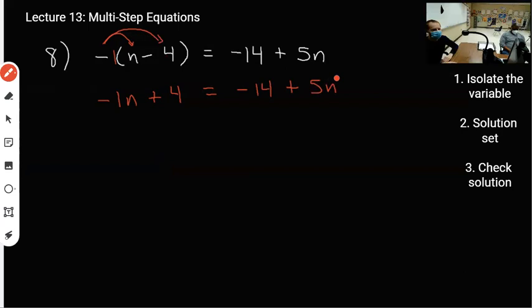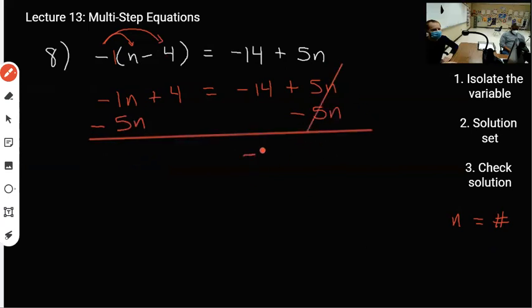Okay. So what I want to do is get all the variables on the left side and all the numbers on the right side. To do that, I need to get rid of this plus 5n. I can do that by subtracting it from both sides. So they cancel out.